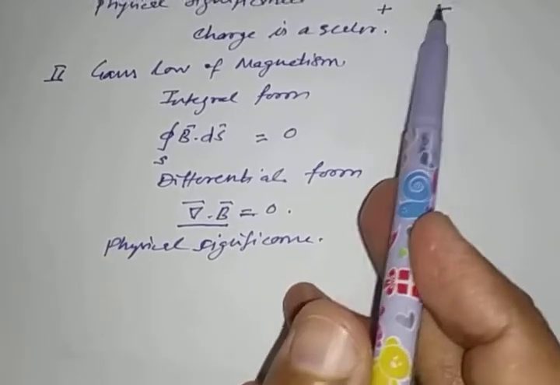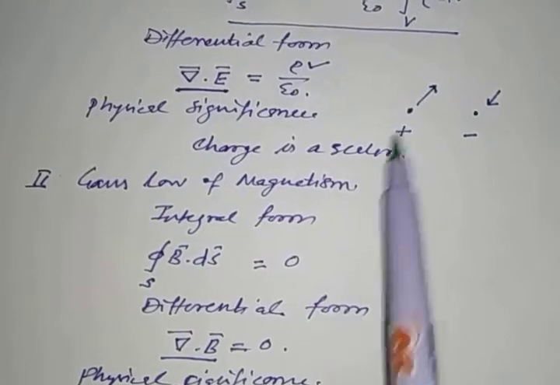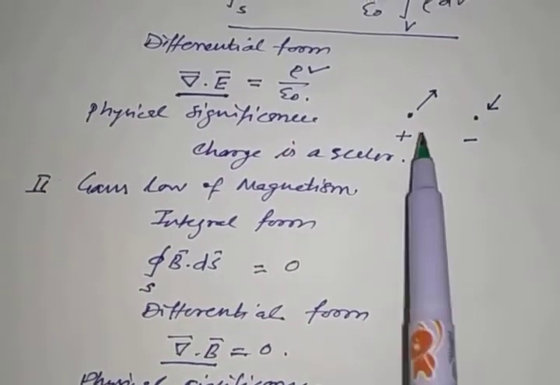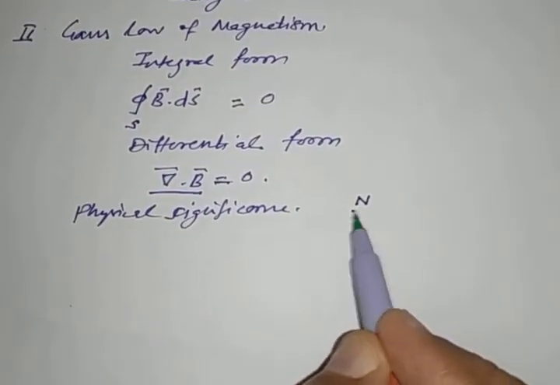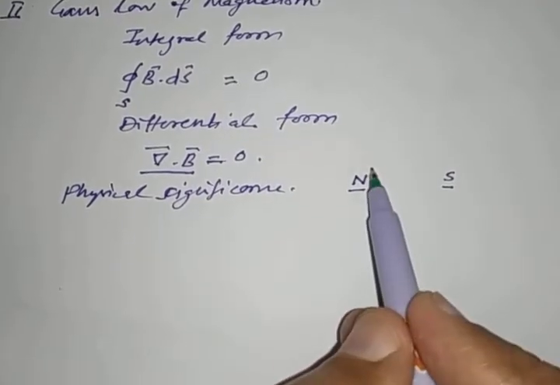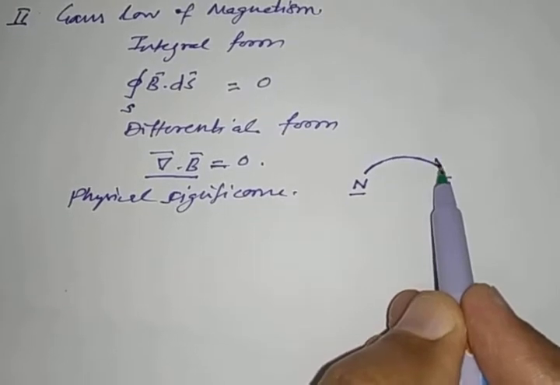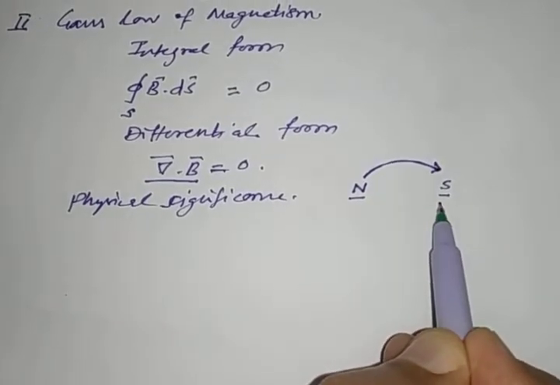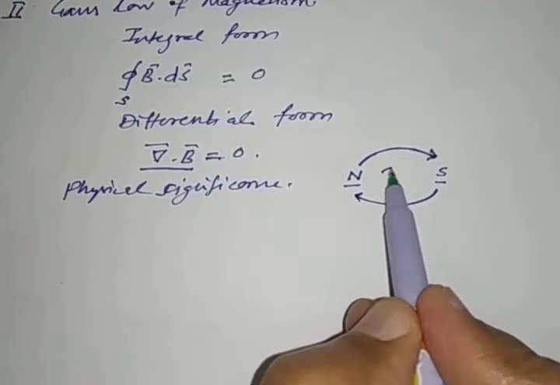Divergence, in case of electric field, is outward or inward. This can be a source or a sink. But in terms of the magnetic field, we have to have the north pole and south pole for a magnet. And if we see the magnetic field lines moving from one place to another, the same field line is coming back, making a closed curve.